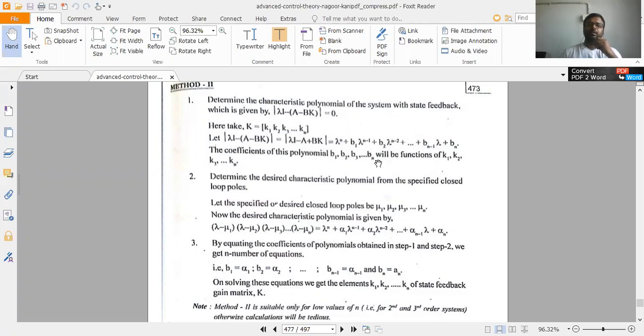That is, lambda minus mu1, lambda minus mu2, lambda minus mu3, and so on up to lambda minus mu(n) is equal to lambda power n plus alpha 1 into lambda power n minus 1 plus alpha 2 into lambda power n minus 2, and so on up to alpha (n minus 1) into lambda plus alpha n. This equation is nothing but the desired characteristic equation.